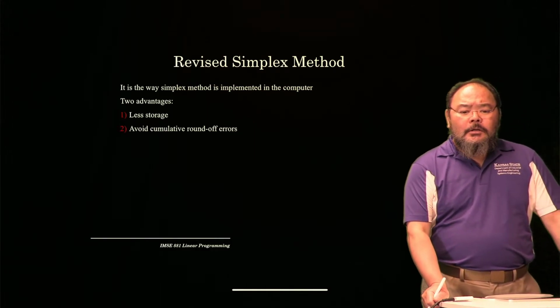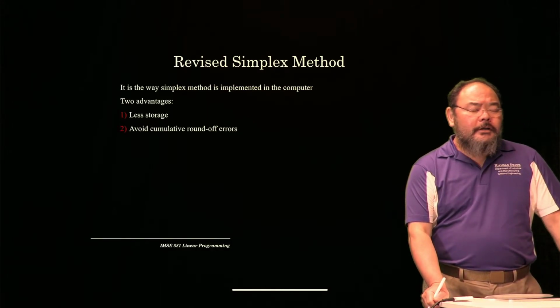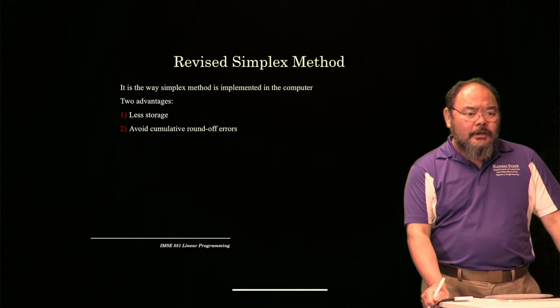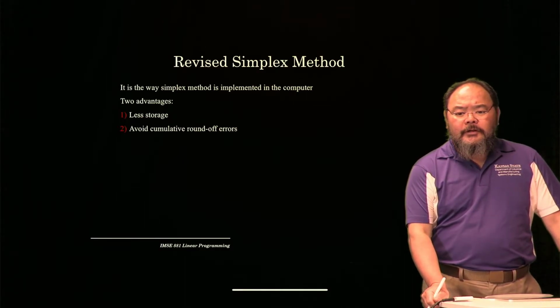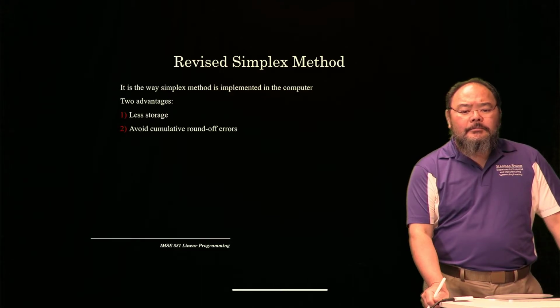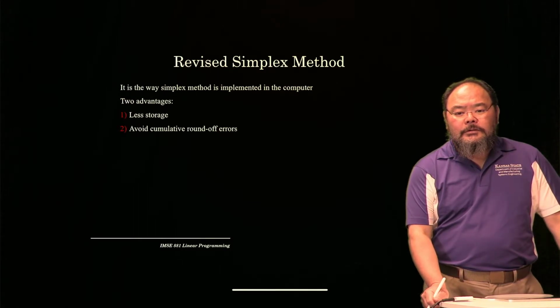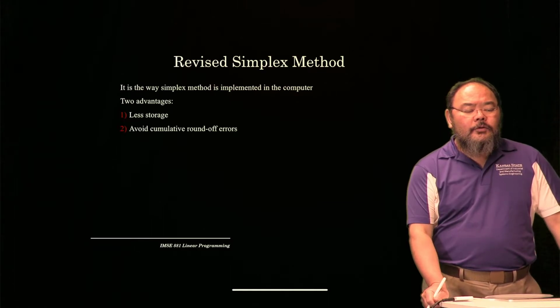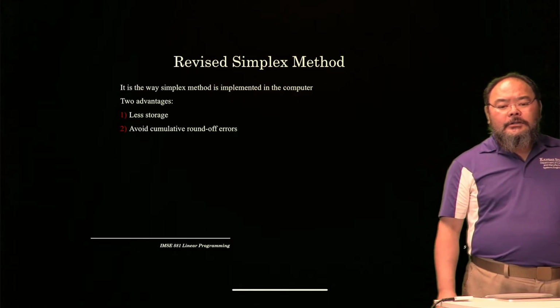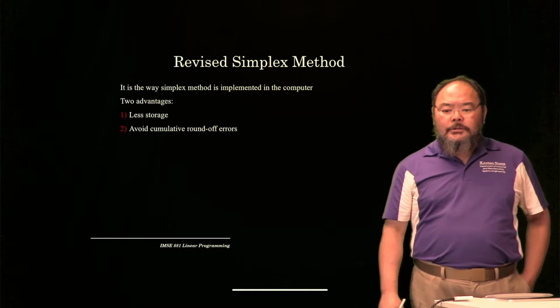Second, the method avoids cumulative roundoff errors in the calculation when you pivot your numbers from one Tableau to another Tableau, which creates a lot of accumulated roundoff error. In hand calculation, we use fraction calculation so we don't lose precision. However, the digital computer always works with floating point numbers. If you run this for many iterations, the roundoff error could cost you a lot.